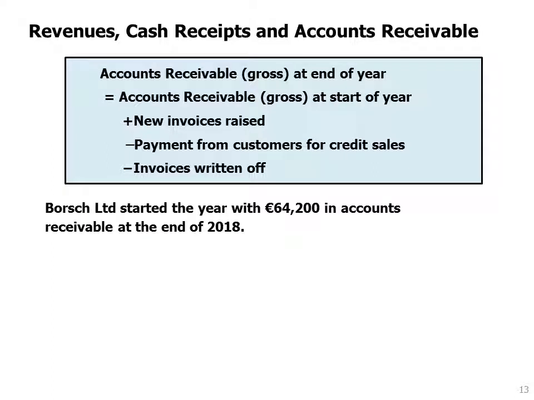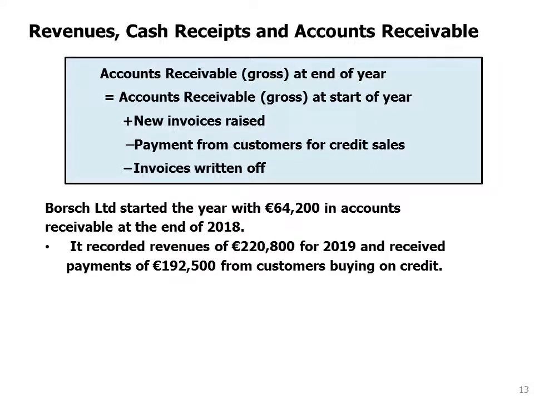So we're going to look at Bosch Limited, which started the year with 64,200 euros in accounts receivable at the end of 2018. It recorded revenues of 220,800 euros for 2019 and received payments of 192,500 euros from customers, and all of these are done on credit terms.